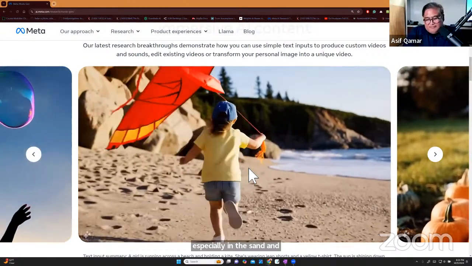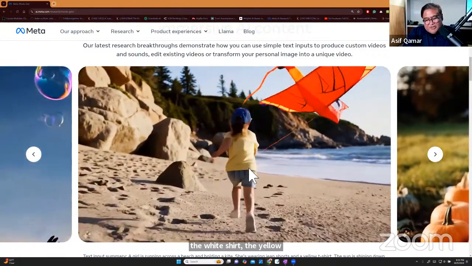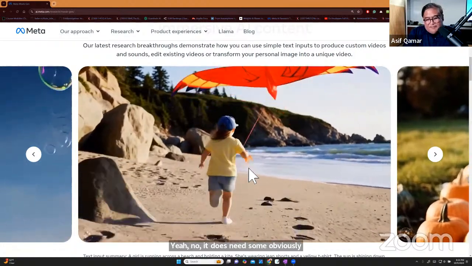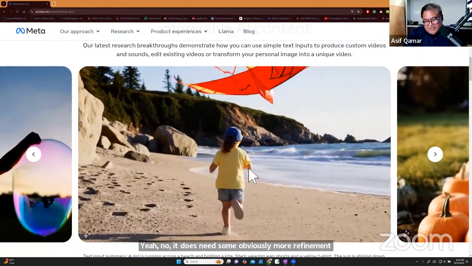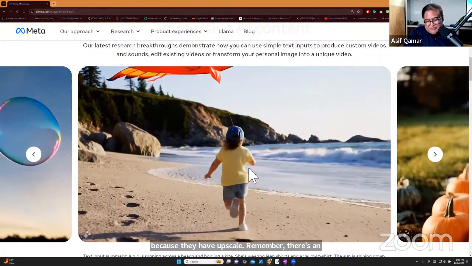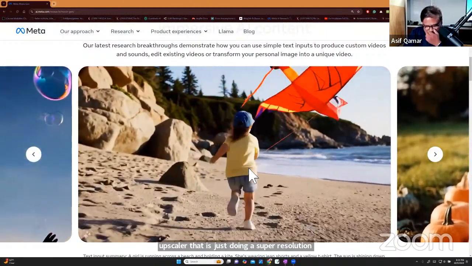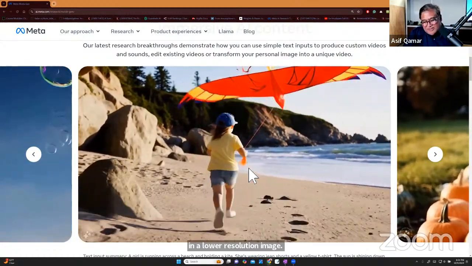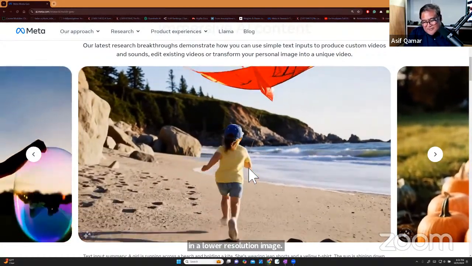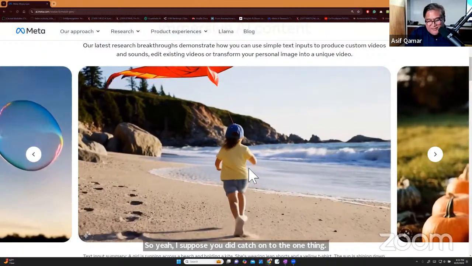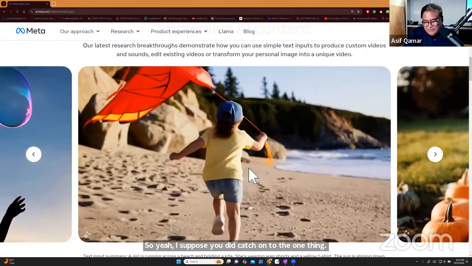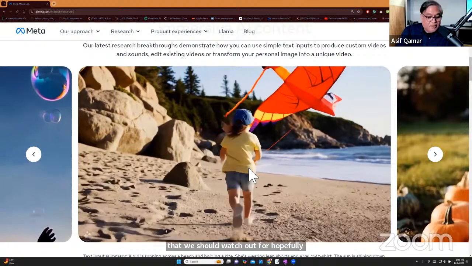No, it does need some more refinement because they have an upscaler. Remember, there's an upscaler that is just doing super resolution on a lower resolution image. So yes, I suppose you did catch on to the one thing that we should watch out for. You're right, it is certainly not 4K resolution.